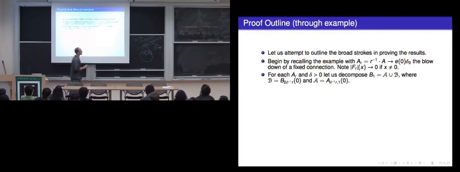Now, what I really want to do is take one of these solutions. So let's just pick this guy, for instance. Here's our R. So let's take one of these solutions, and I want to break it up into two pieces.